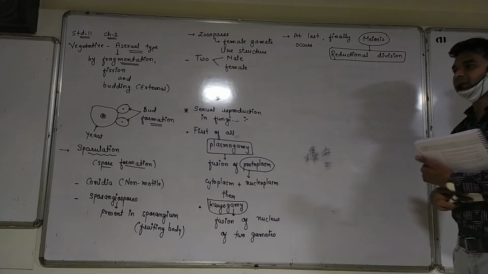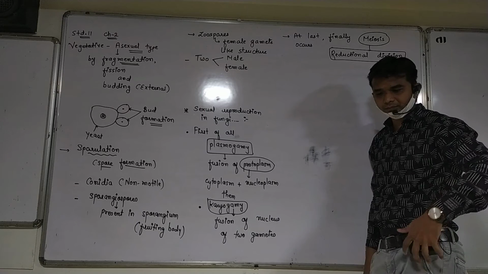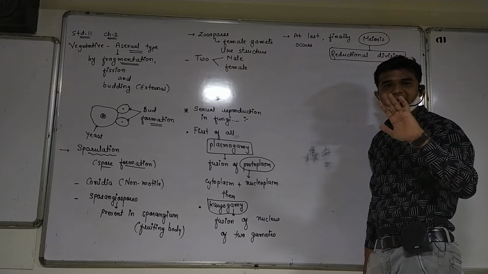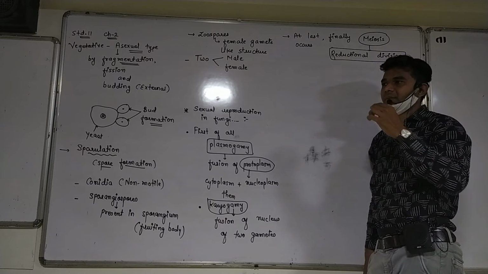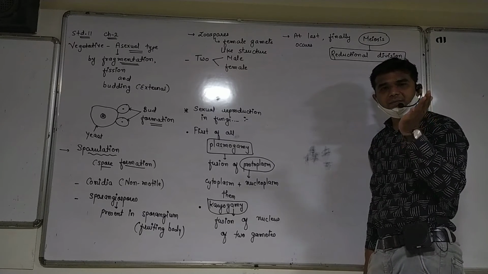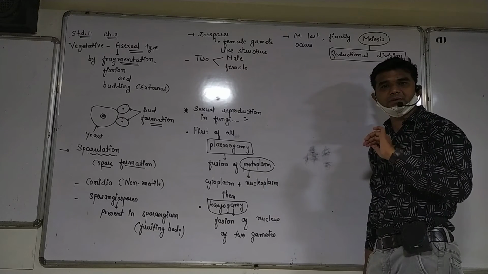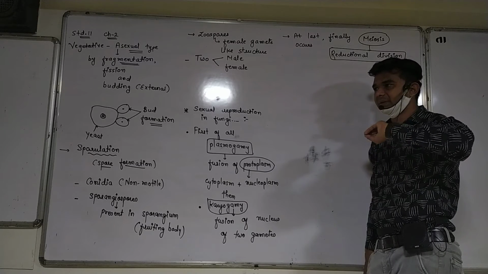Now, all of you should know there is a vast difference between fertilization and zygote formation. Entry of the male gamete into the female gamete is known as the fertilization procedure. The male gamete enters inside the female gamete.